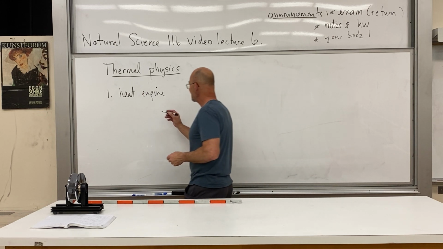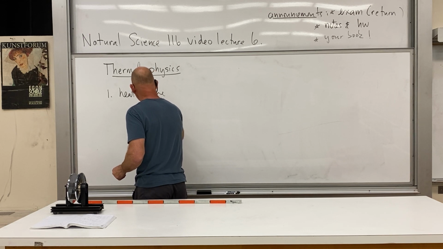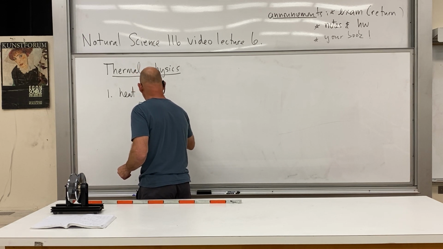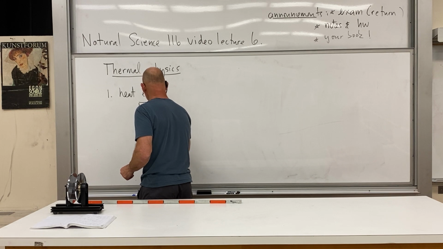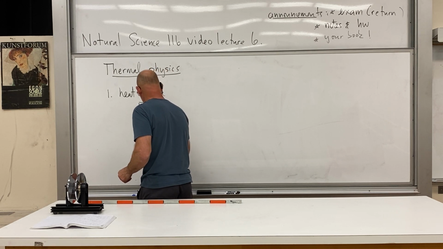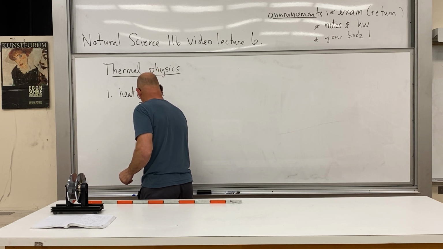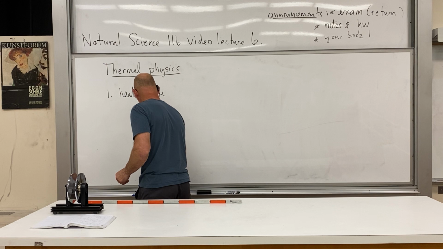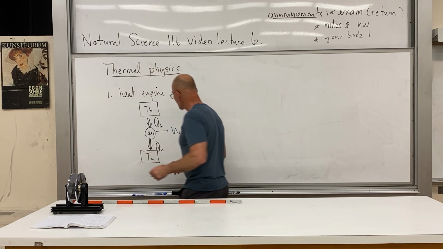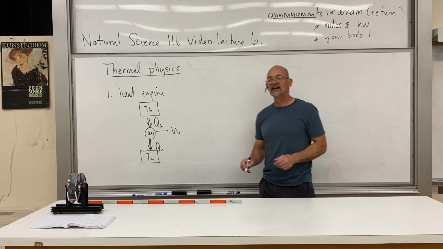Okay. So our heat engine, as you recall, had a high temperature reservoir. Some heat went into the engine, which kicked out the work that we wanted, but there was also exhaust. So there was QH, and QC to the low temperature reservoir. That was our schematic diagram that covered all of the heat engines.